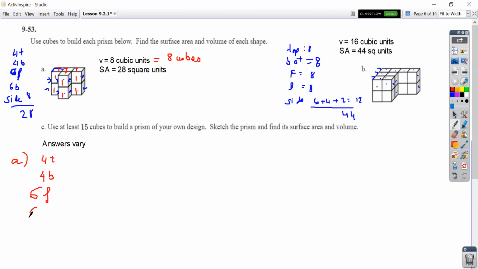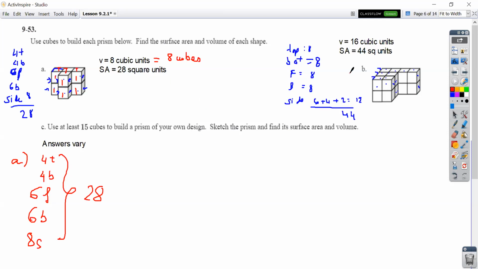You have 6 back as well. 1, 2, 3 down there, 4, 5, 6, and the side. When we count, we have the side go by 8. That's including the left side and the right side. You add them all together, you have 28. So the surface area is 28 square units.